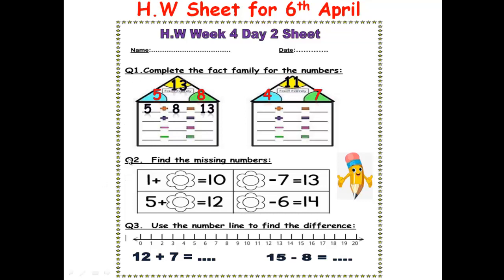Question number 2 is asking me to find the missing number. 1 plus what equals 10? 5 plus what equals 12? Minus 7 equals 13. Minus 6 equals 14. So remember how we could find the missing number?